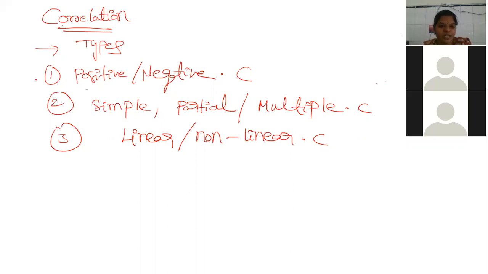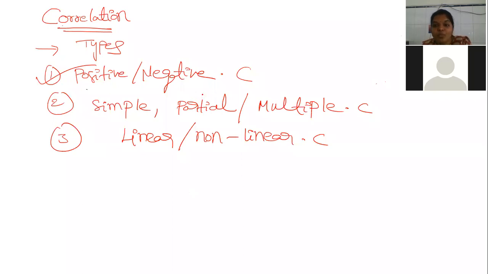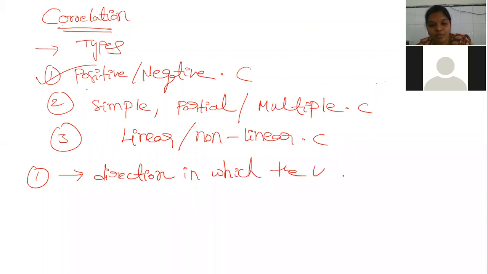First we will discuss positive or negative correlation. This depends upon the direction in which the variables are moving.